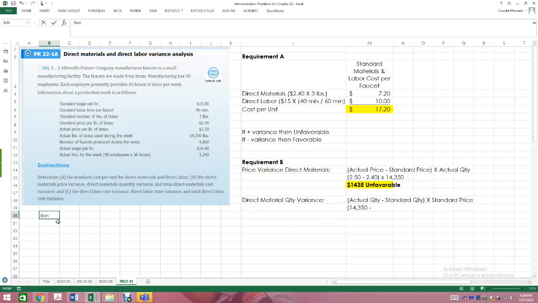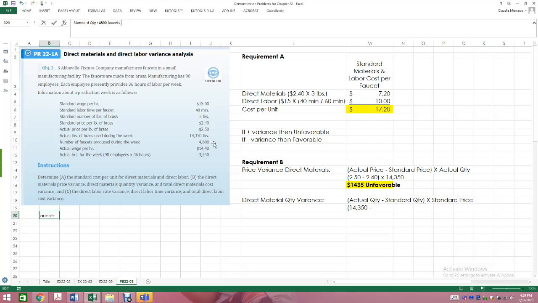Your standard quantity can be calculated. Golly, I can't type. I know that I am manufacturing 4,800 faucets, right?